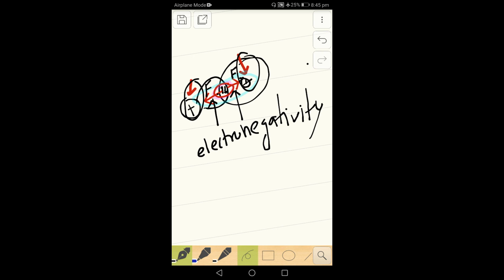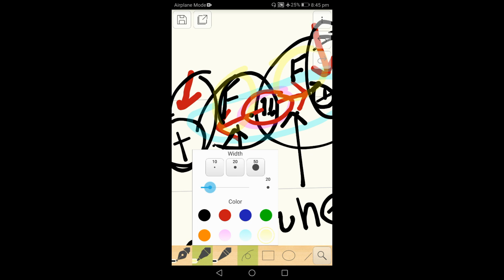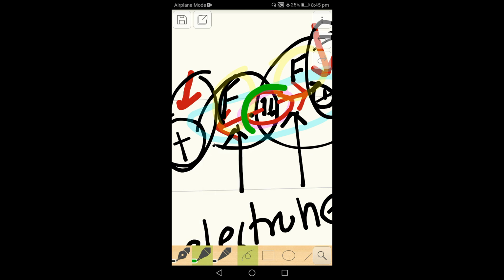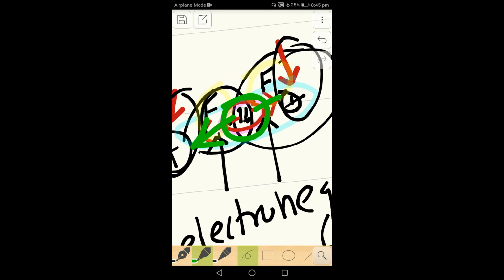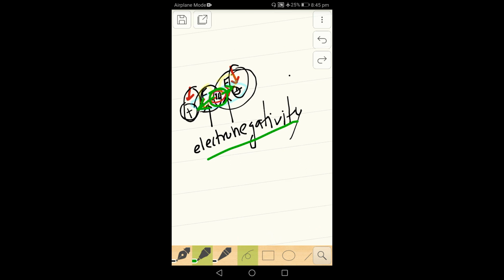So the force or the power by which the bonding electrons are attracted by the nuclei of the participating atoms is known as electronegativity. That means if an atom has higher electronegativity, the power of attraction is greater.